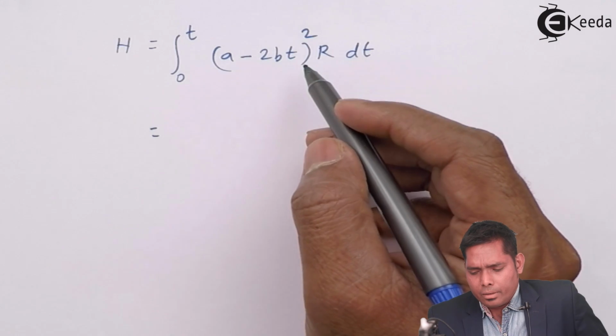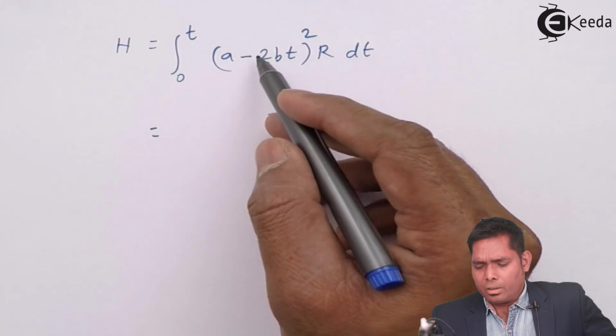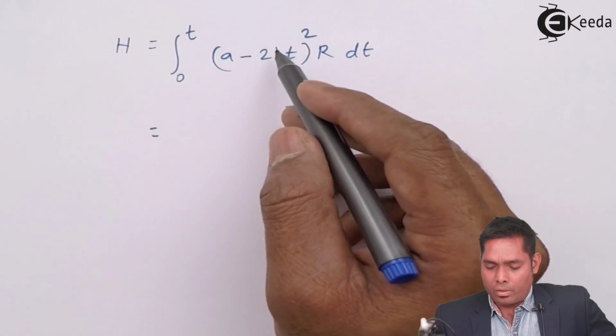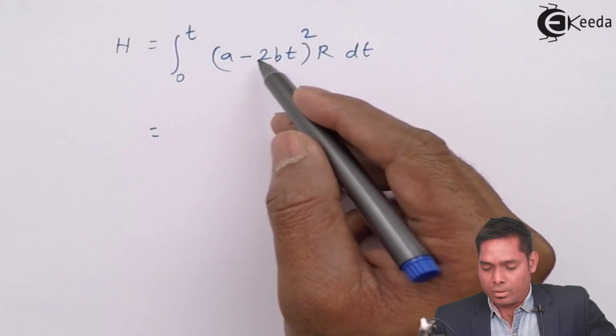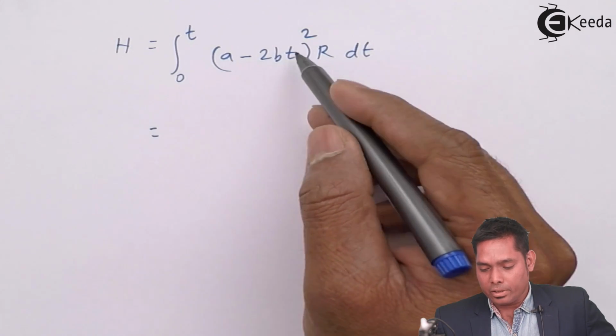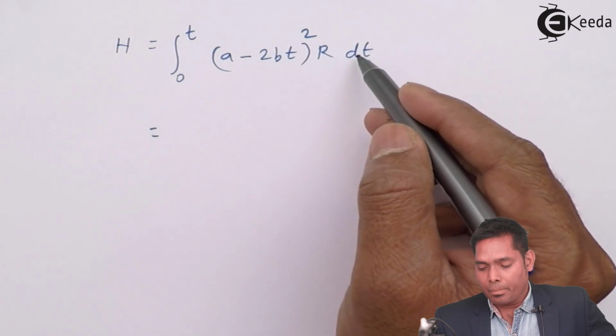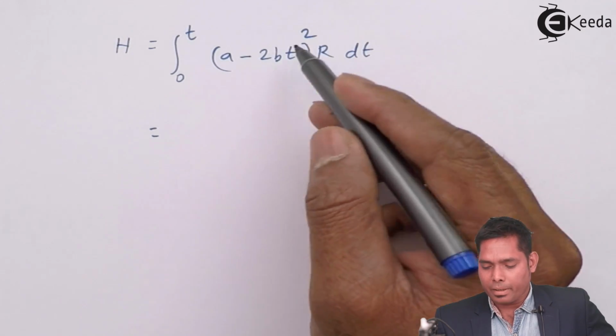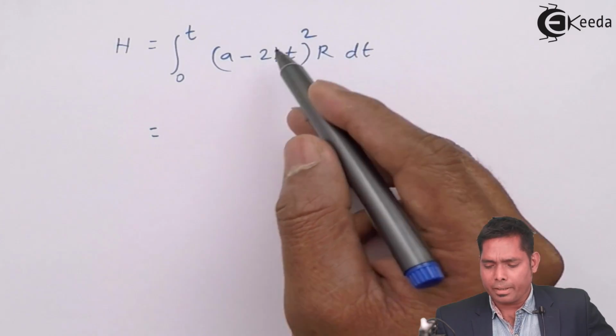Now from here we will separate the terms, or I can take this as one variable, suppose I consider this as y and then replace it with dy, then I can solve, or directly I can open the bracket and solve. So let us better open the bracket and solve.